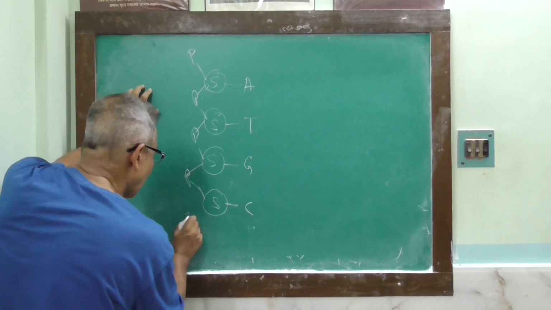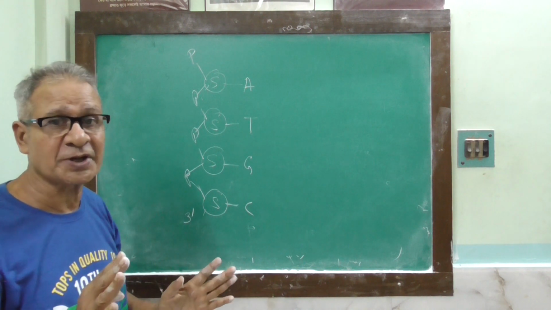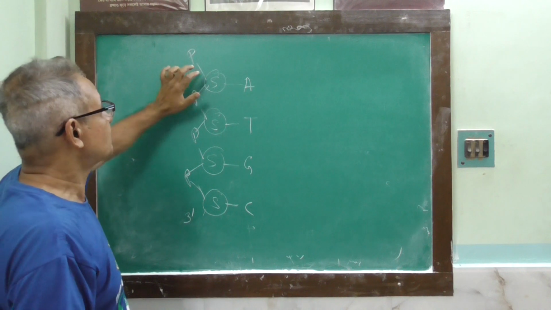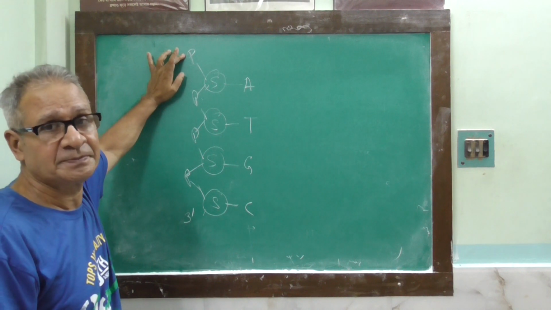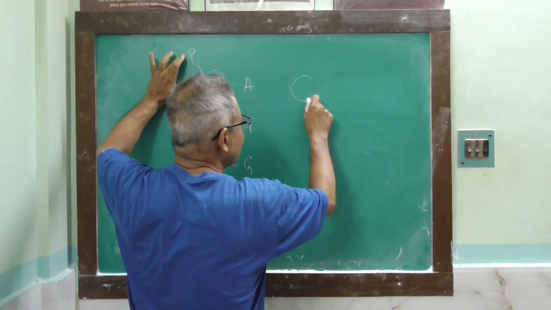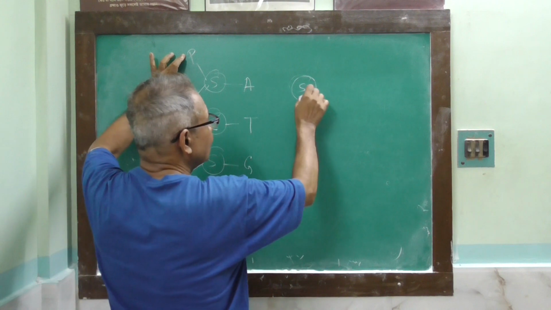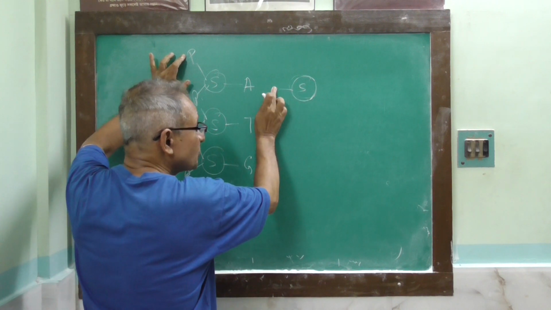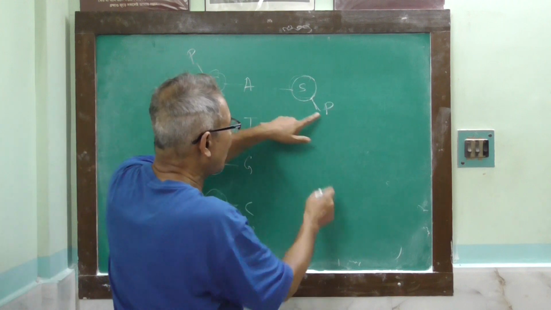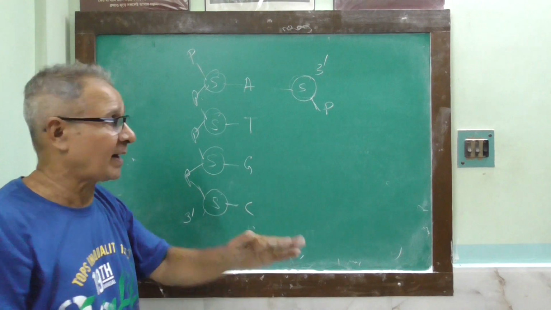Suppose it is the 3' end, that is, here 3' means the 3 carbon position is free, and here the 5 carbon position is blocked by phosphoric acid. So here the opposite strand is antiparallel, it is the sugar, and then here one nitrogen base, but phosphoric acid is present in the 5' end, so it is the 3' end, and antiparallel.